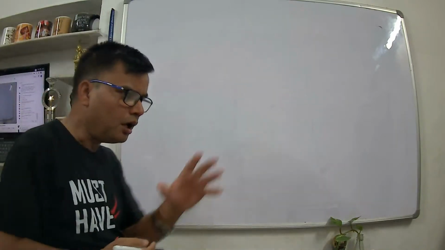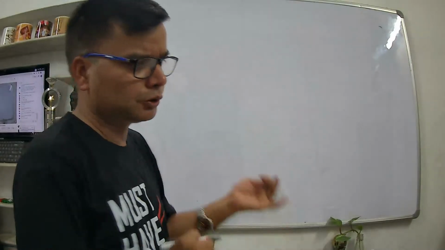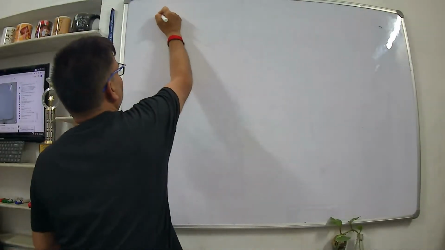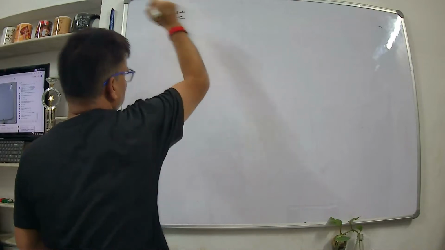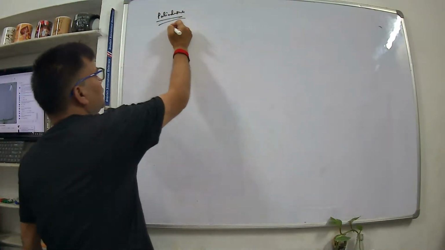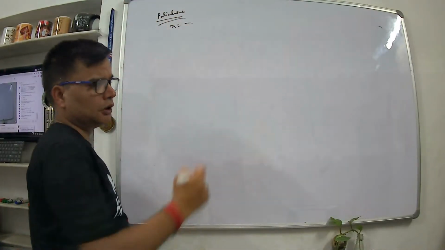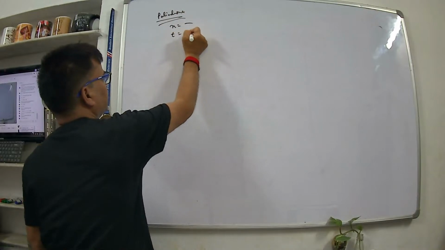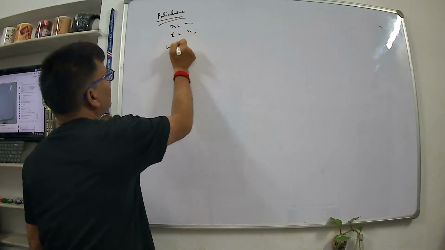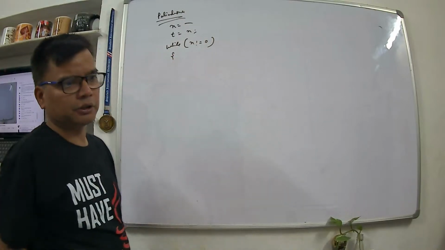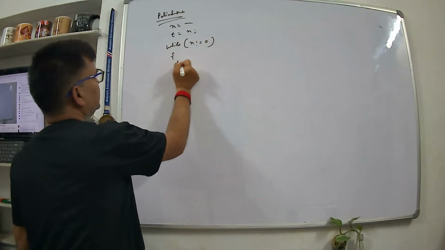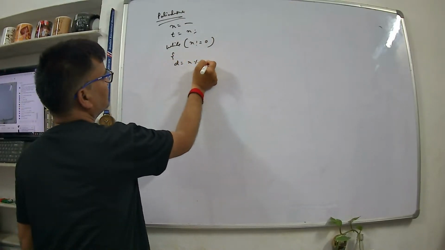Now, when we talk about these programs, for example, palindrome. Palindrome means the reverse of the number is equal to the number. You take the number as input, and get a copy of the number, t equal to n. Now, while n is not equal to 0, I'll extract the digit d equal to n modulus 10.